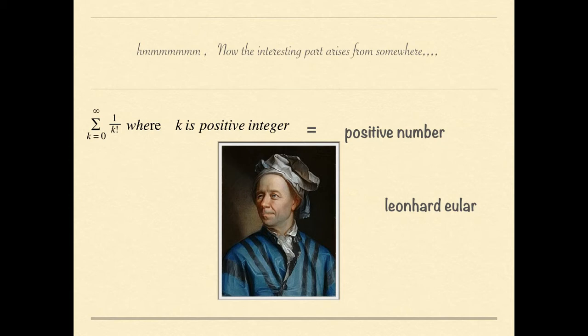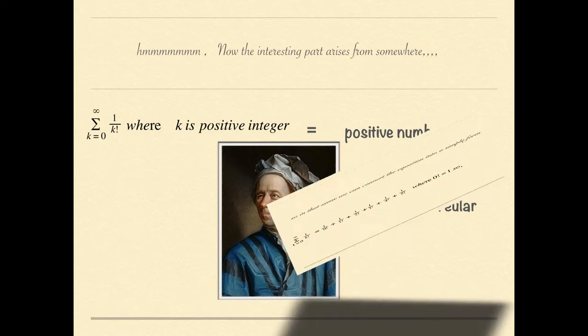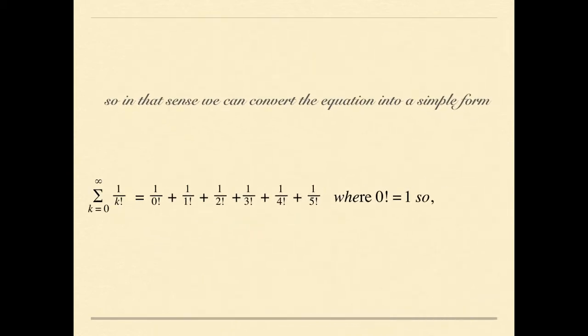Now let's see what comes next. Let's simply expand the terms. Plug in the values 0, 1, 2, 3, 4, 5, 6, and so on, and you will get this kind of expression. As 0 factorial is equal to 1, 1 by 0 factorial is equal to 1.